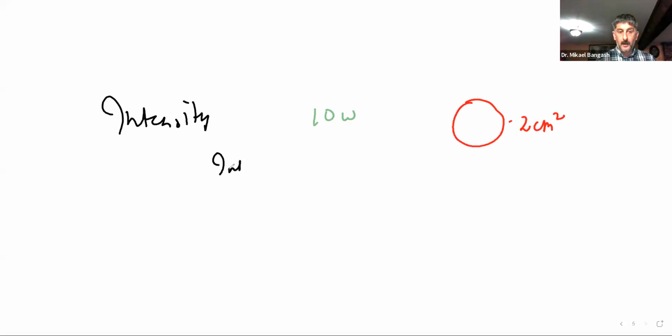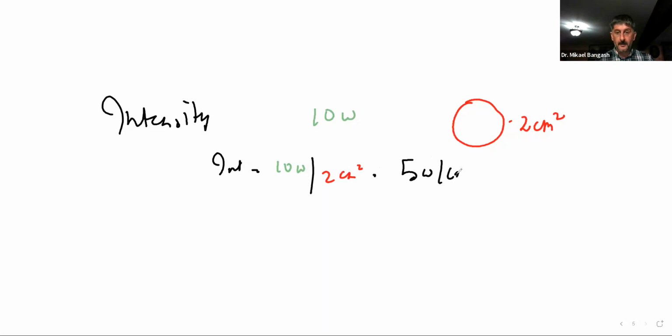Intensity is going to be equal to these 10 watts divided by 2 square centimeters. So in this case, the intensity comes out to 5 watts per centimeter squared. Clear?